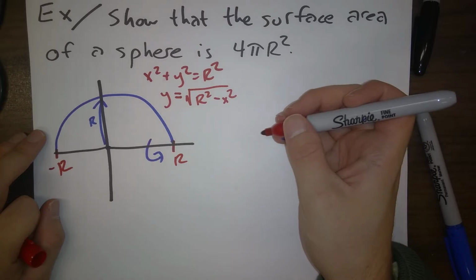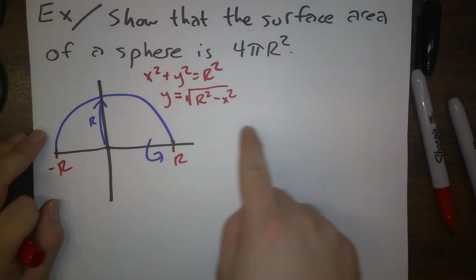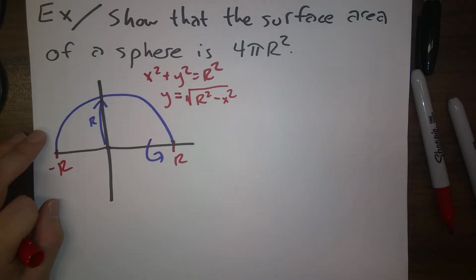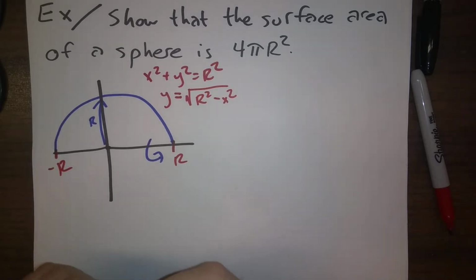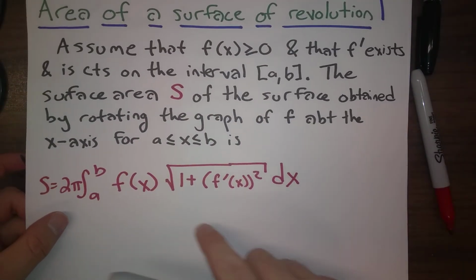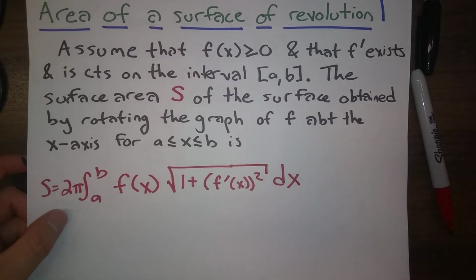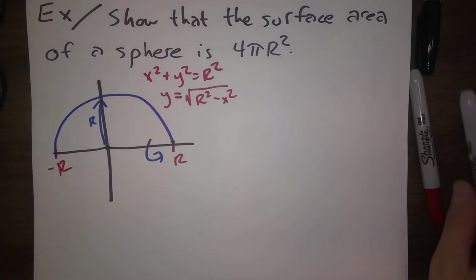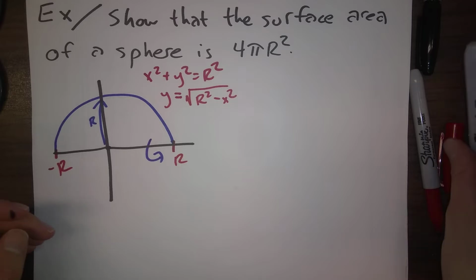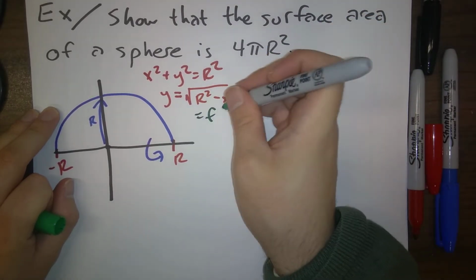So now we have everything that we need to get things set up here. So going back to our formula, we've got our f of x, that's the square root of r squared minus x squared. We need f prime of x.